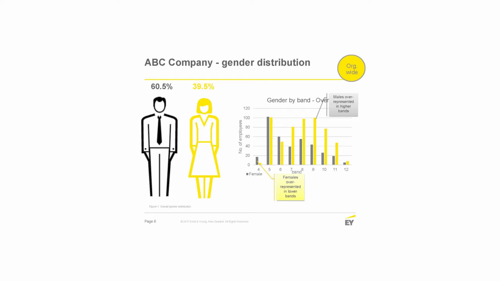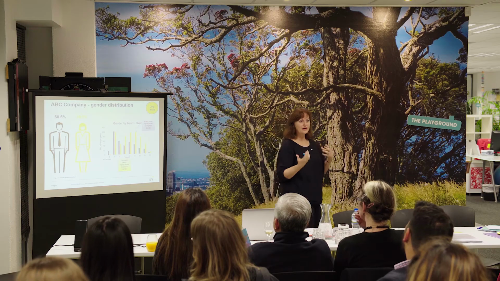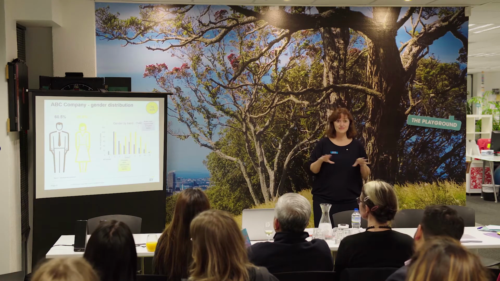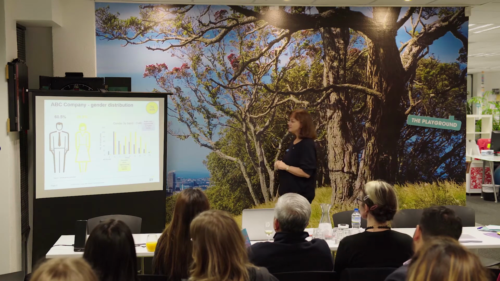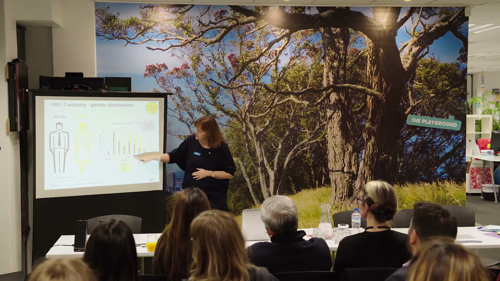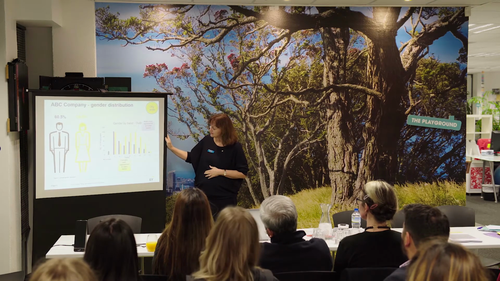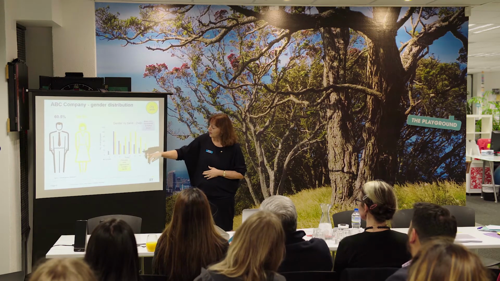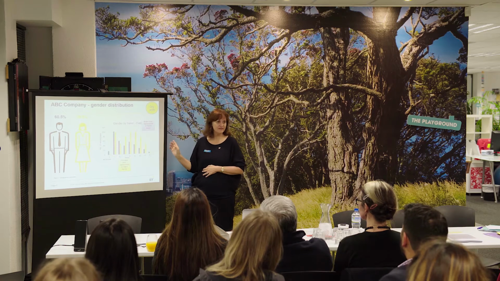And so here, organisation wide, the first question I asked was, tell me what the distribution or ratio is between males and females. Very simple. But then we looked at it and said, okay, let's have a look at your bands, and where do males sit and where do females sit?